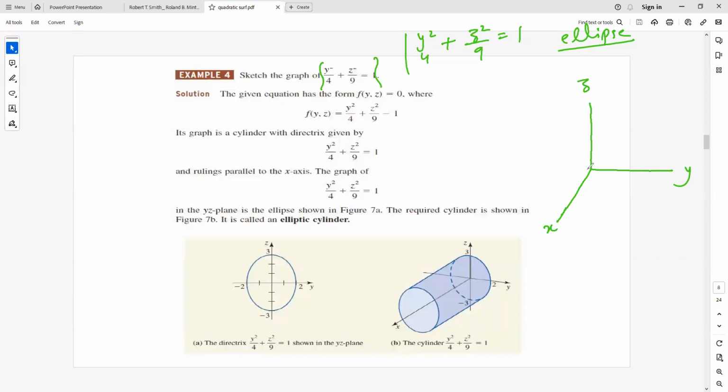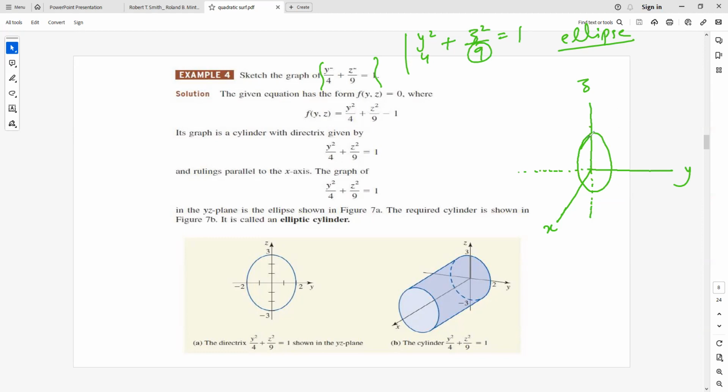So it's like this, right? Now the ellipse here will have its major axis along the z-axis, since it is z squared over 9. So it will look like this. This is the ellipse on the zy plane.